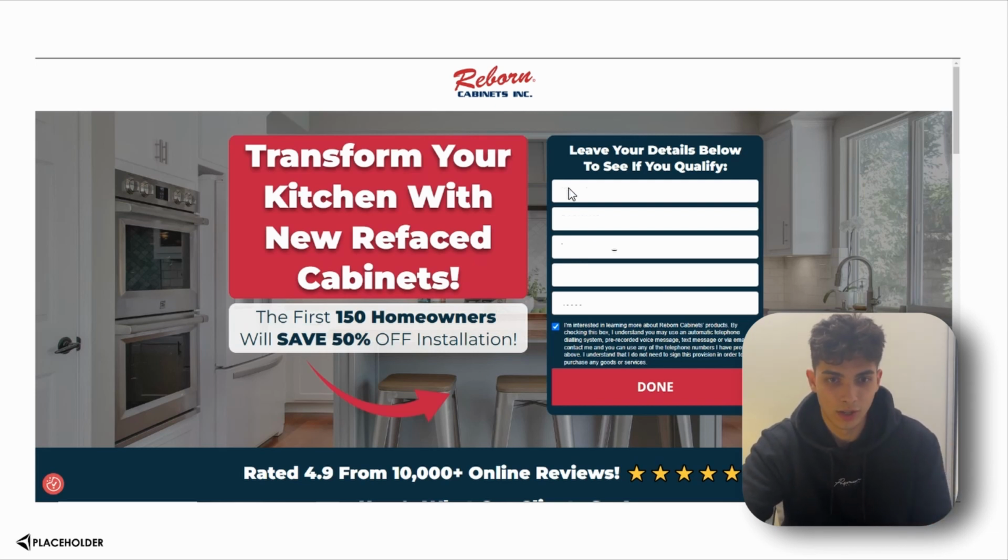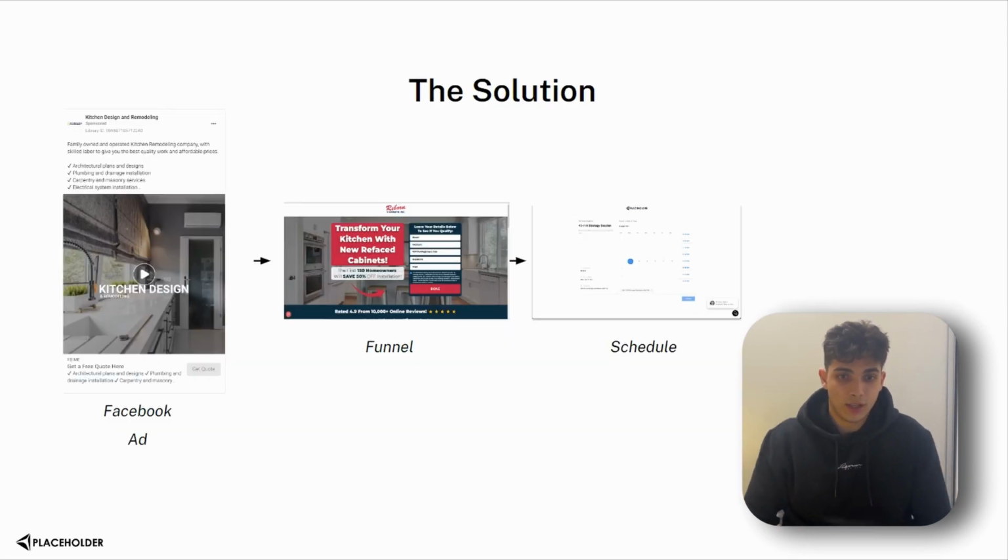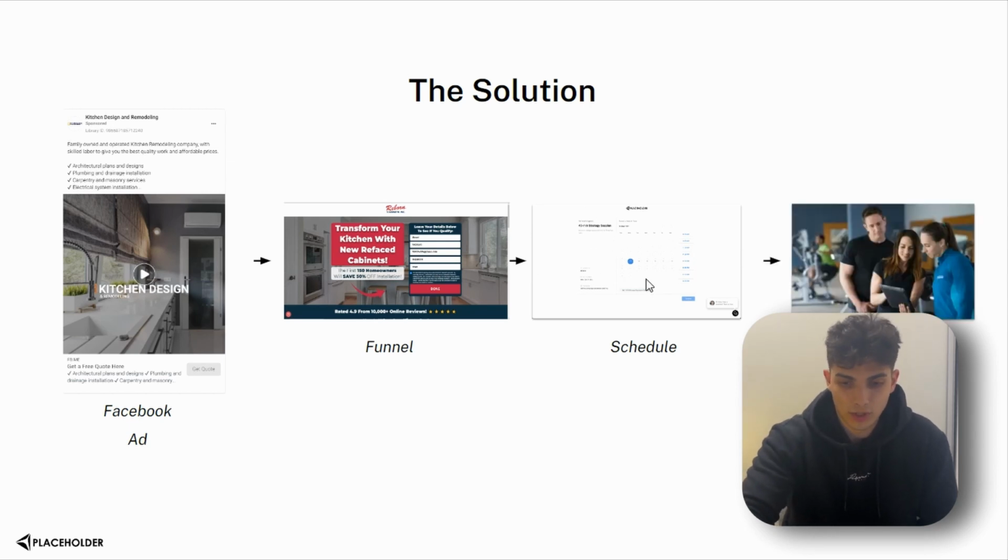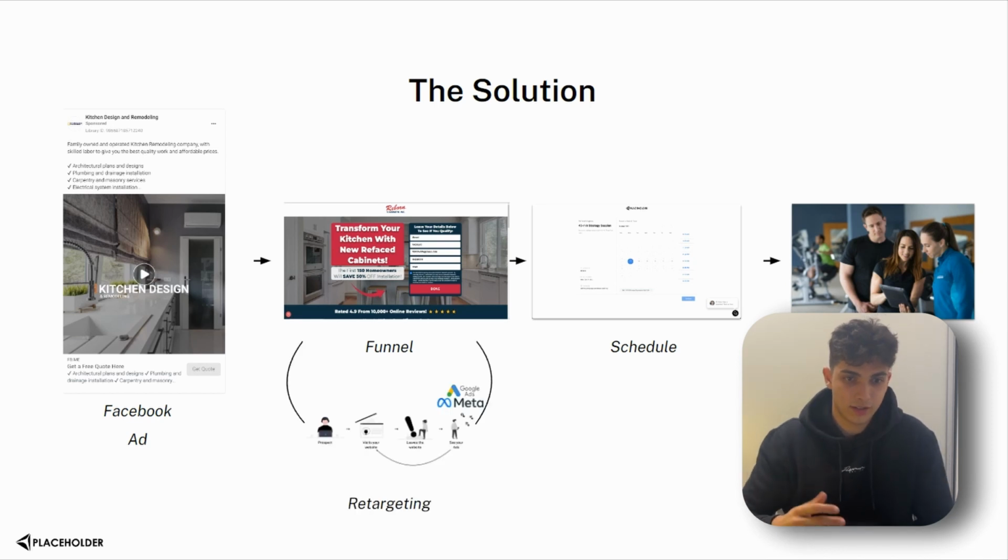They will fill out their form, for example, first name, last name, email, phone number, and what service they need. Do they need kitchen remodeling, bathroom remodeling, or something else? And that's it. The next step is, of course, booking an appointment, and at the end, sales. They close the client. Then it's retargeting.